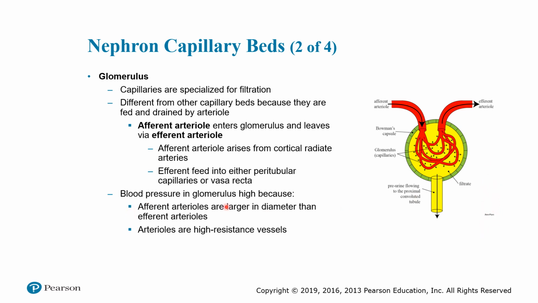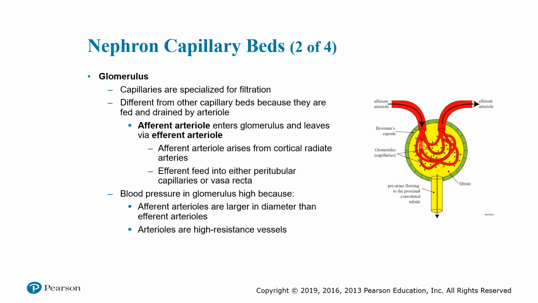And blood pressure in the glomerulus is high. Why? Because it has arterioles on both sides, and arterioles, we know, are high resistance vessels. The other point is that the diameter of the efferent arteriole is narrower compared to the afferent arteriole. So this also increases the resistance in this system.